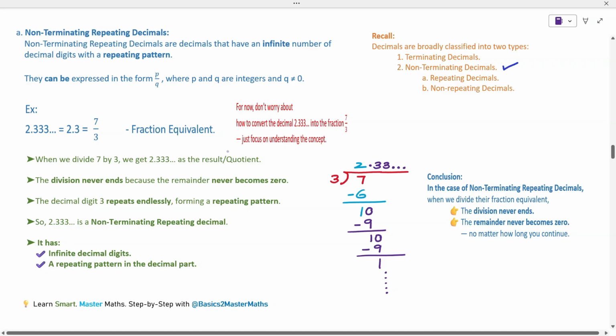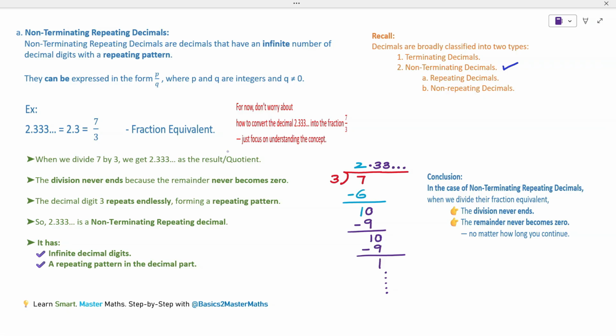In the previous video, we have discussed the basics of non-terminating decimals. Today, we are going to learn about different types of non-terminating decimals. Non-terminating decimals are broadly classified into repeating decimals and non-repeating decimals.